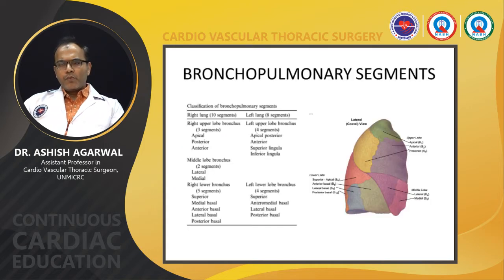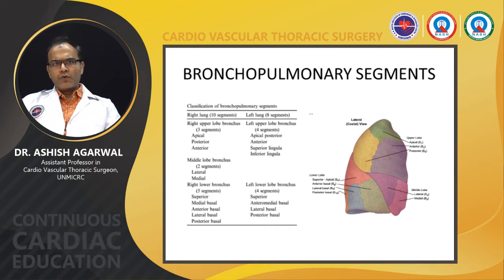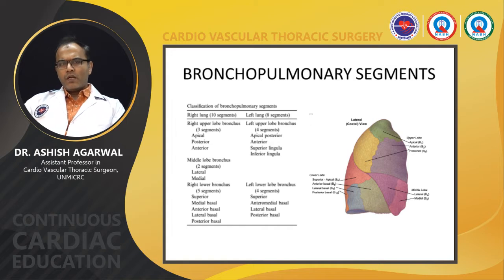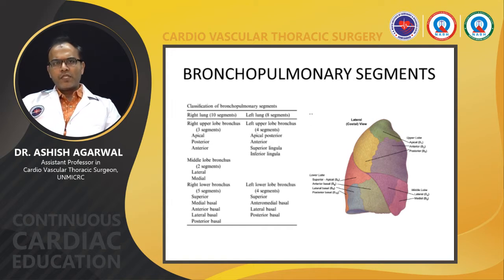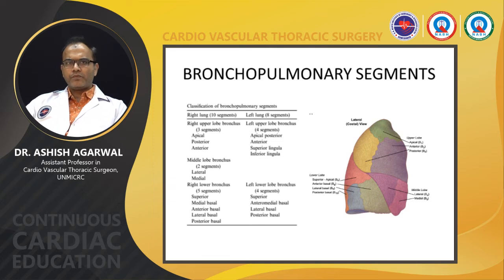Next, bronchopulmonary segments. The most accepted classification of the bronchopulmonary segments was given by Jackson and Huber in 1943, while in the 6th edition of the Nomina Anatomica, the word apical was replaced with superior, and lateral was used for the middle lobe, and ventral and dorsal basal were replaced with the terms anterior and posterior.